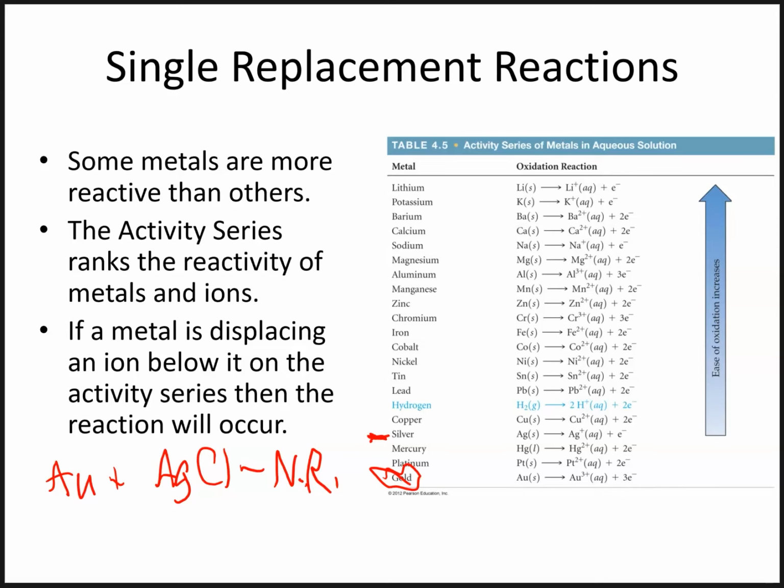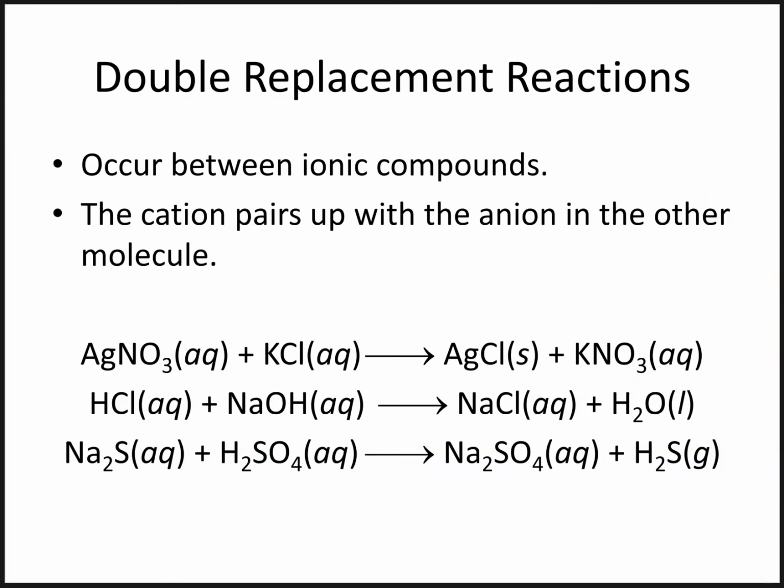Let's talk about double replacement reactions now. Double replacement reactions involve two ionic compounds simply switching cations. As a result, cations end up with the anion of another compound. So again, in this case, we would have silver wanting to pair up with chloride to produce silver chloride.